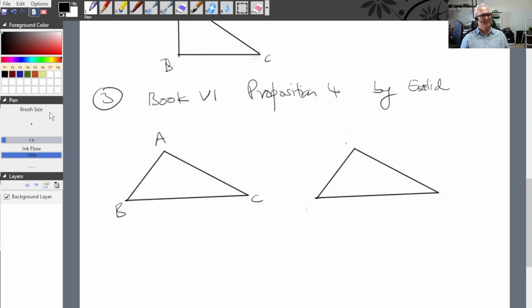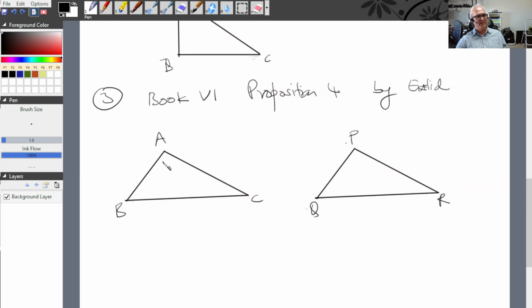Let's name it PQR. Okay, so let me remove those lines.